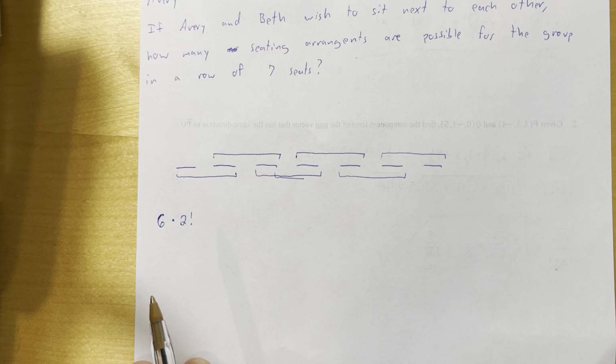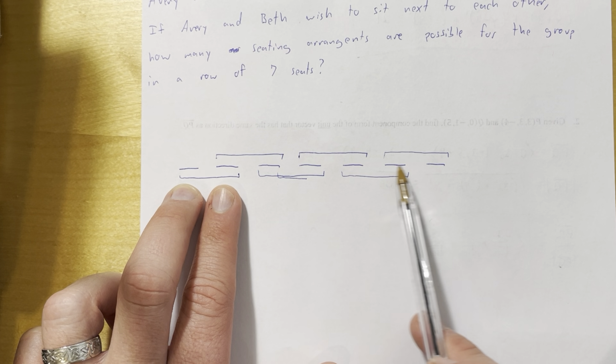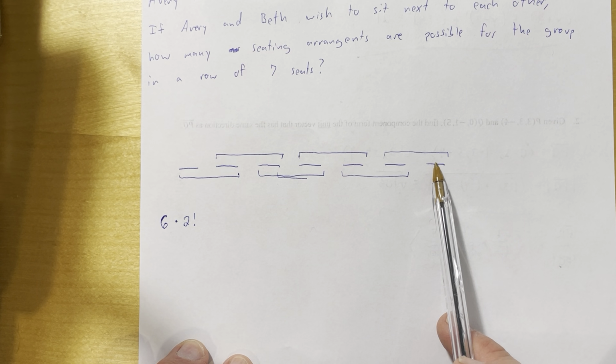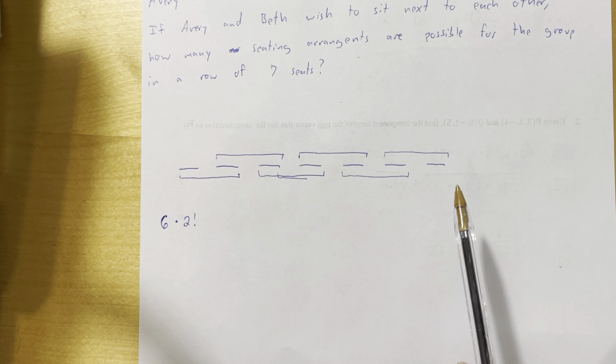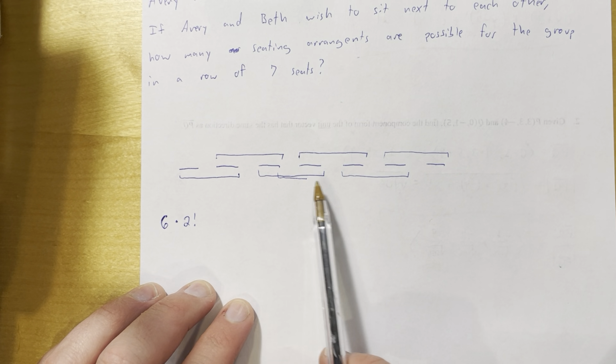We multiply those. Once Avery and Beth have chosen whichever seats they want to sit in, let's just say it's these 2 for one of the possibilities, that leaves 5 remaining seats in which their 5 friends need to arrange themselves.